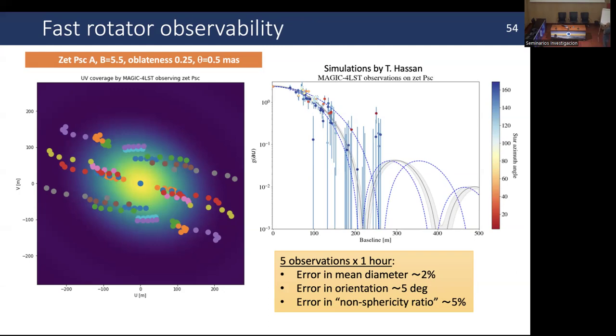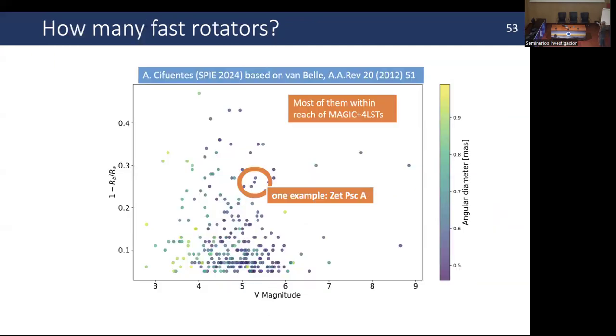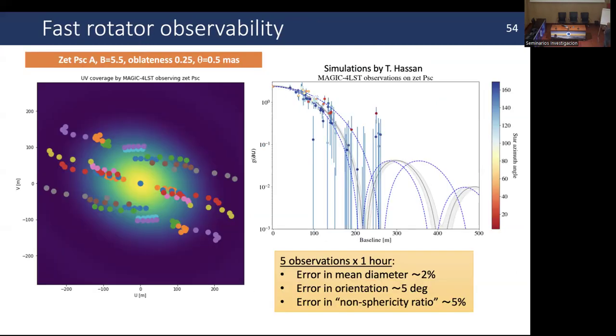For the diameter, we can measure it with 2% error for this specific star. We can measure the orientation with an error of only 5 degrees, and the oblateness with an error of 5%, which is amazingly small. So we can do this for this star, and that means for many of these stars, we can get this kind of errors with the 6 telescopes.